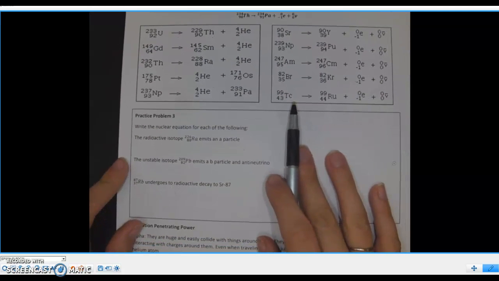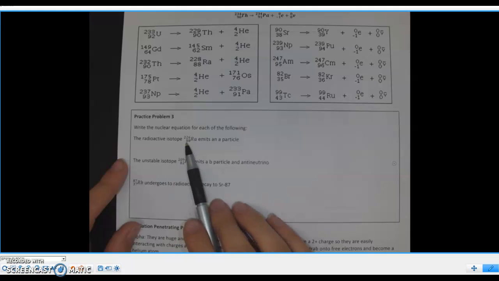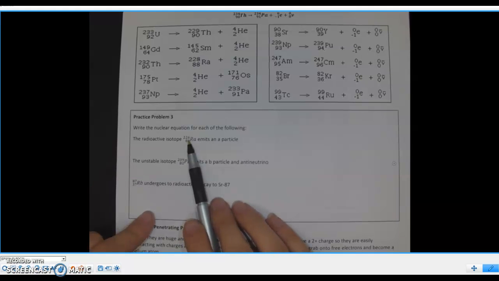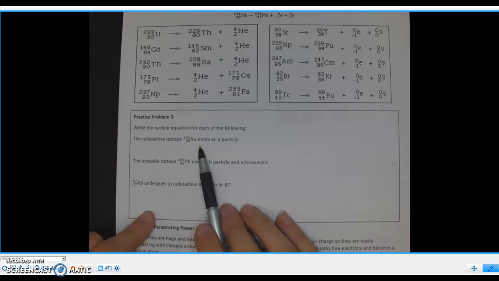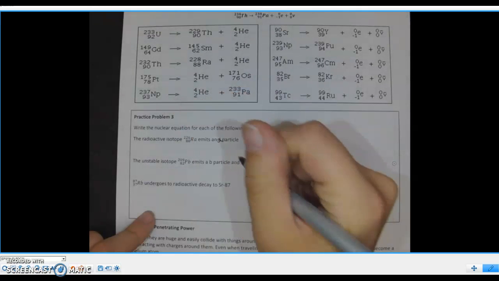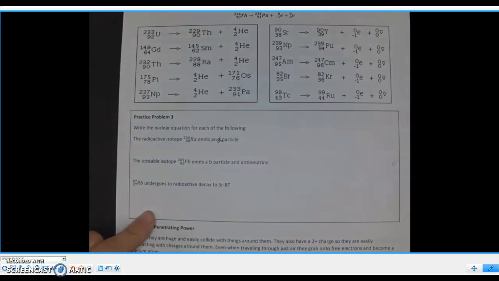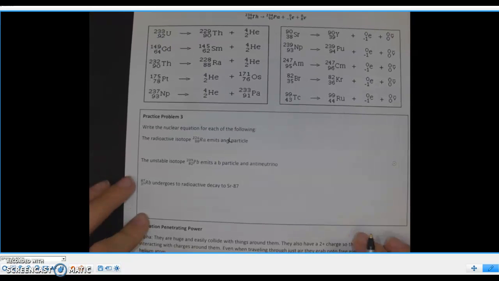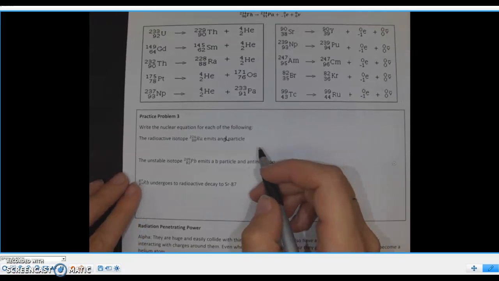Let's work with this. A radioactive isotope has a mass number of 226, radium, and it has an atomic number of 88. And it's going to emit an alpha particle, okay? All right, so let's write out this nuclear equation.